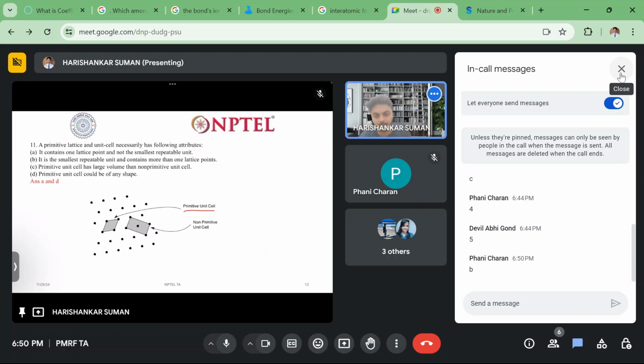A non-primitive one can contain more than one. So this is the difference between primitive and non-primitive unit cells. So option one, it contains one lattice point and is not the smallest repeatable unit, and the primitive unit cell could be any cell.